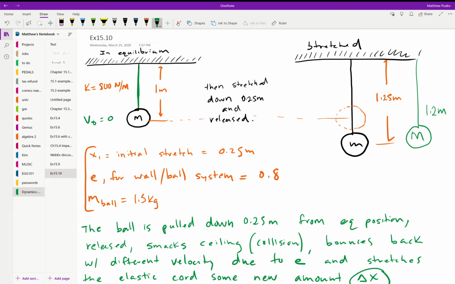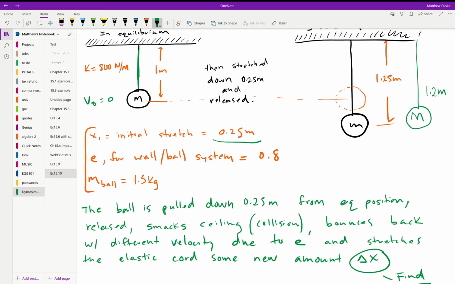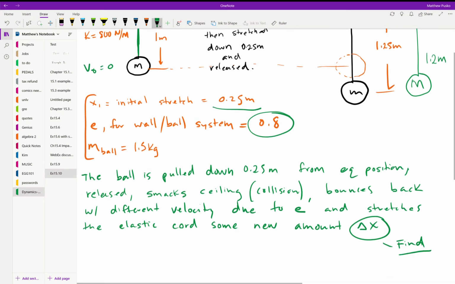I don't know, that's just a guess. The equilibrium position, or the unstretched length of the string, is 1 meter. Alright, so we're given it's stretched 0.25 meters and released. We're given the coefficient of restitution is 0.8 when it hits the ceiling, and we have the mass of the ball.